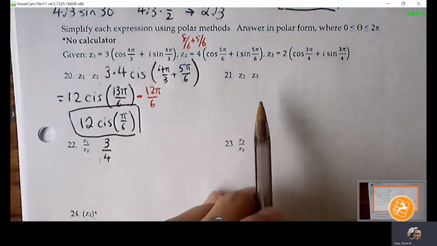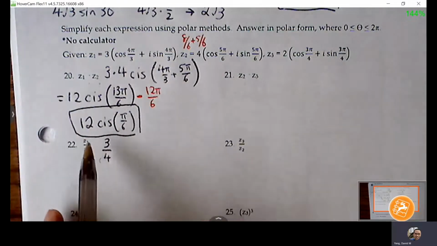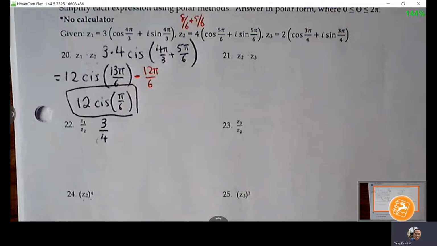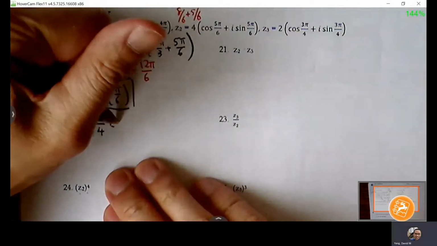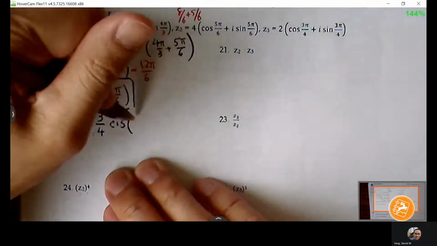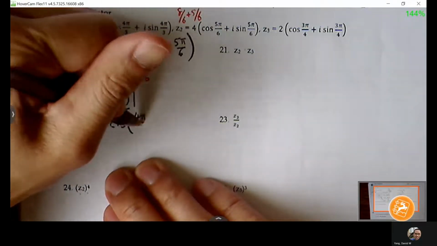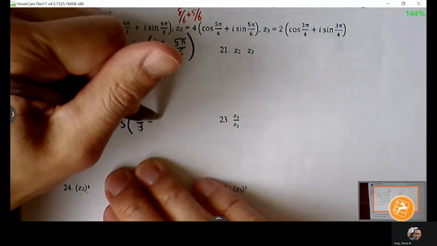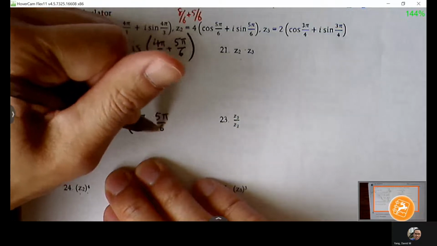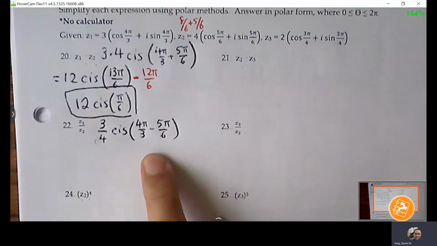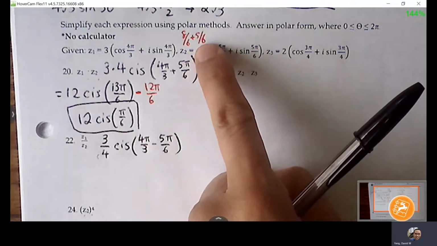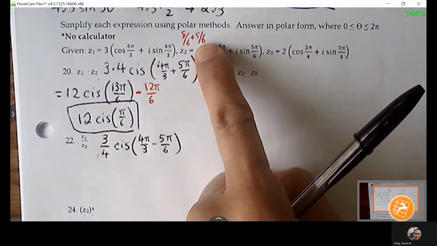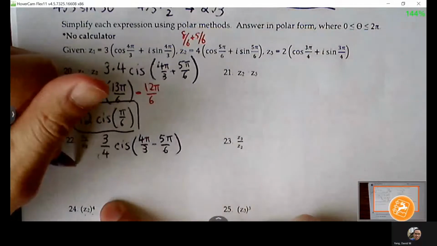Yeah. Here we are. If we do 21, we'll be multiplying, but I want to skip down to the quotient. We're doing 22. Okay, same fractions as above. So now we'll just do 8/6 minus 5/6, which is 3/6.